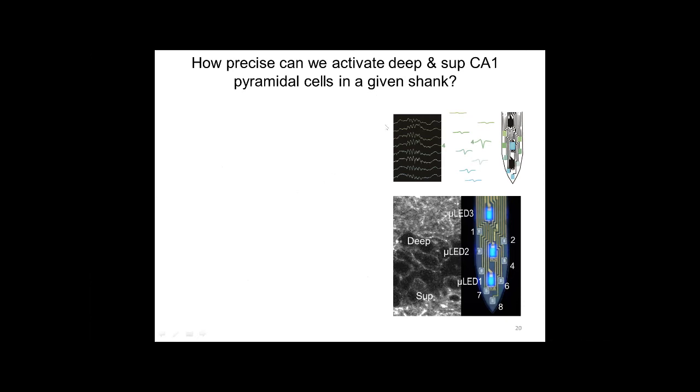Now, using the probes, we can clearly identify individual units. In this example that I was showing before, by shining the light of the micro-LED, which was more proximal to the sites where we record the maximal amplitude action potential, we saw the single cell firing. We increased the firing.